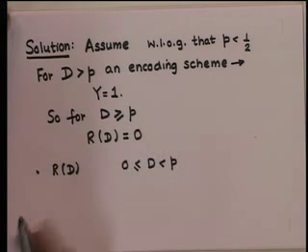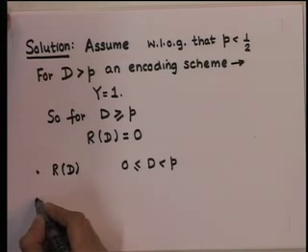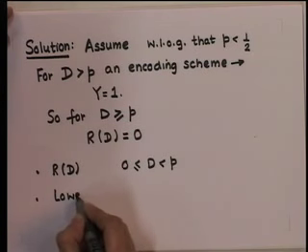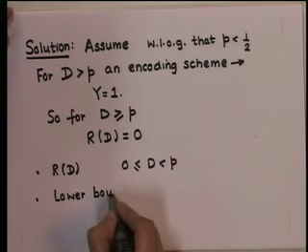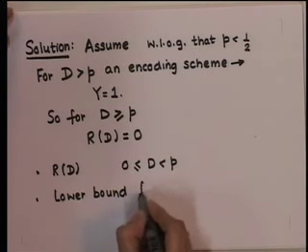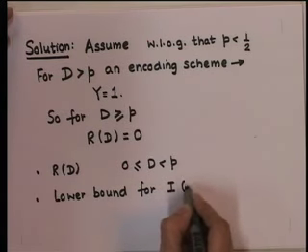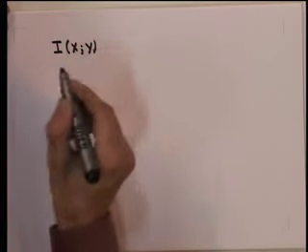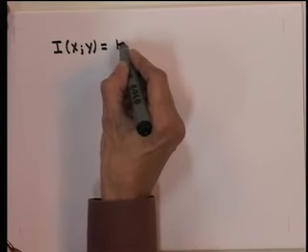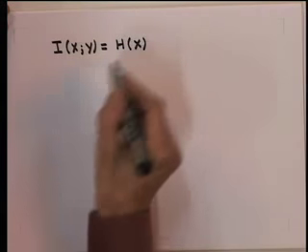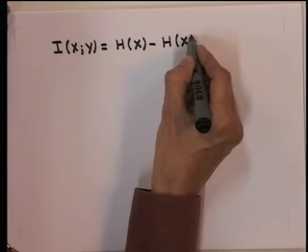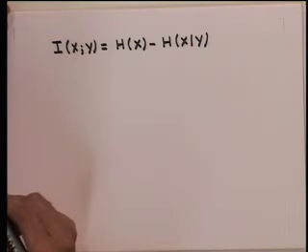In order to do this, let us first find the lower bound for the average mutual information. Average mutual information is equal to entropy of the source minus conditional entropy of the source given reconstruction.